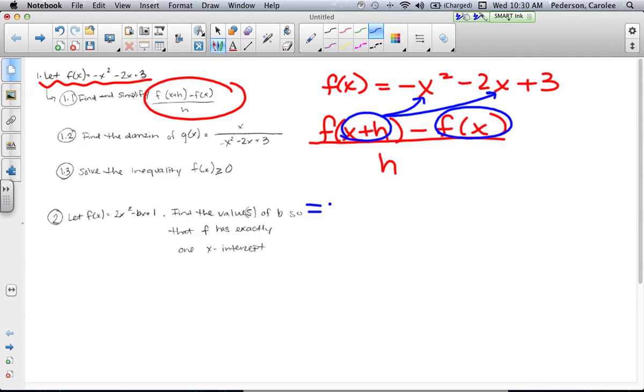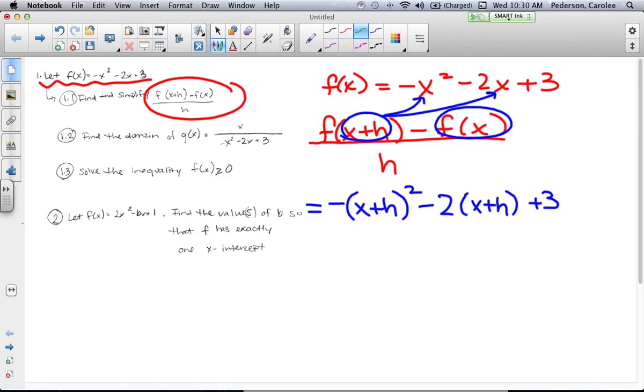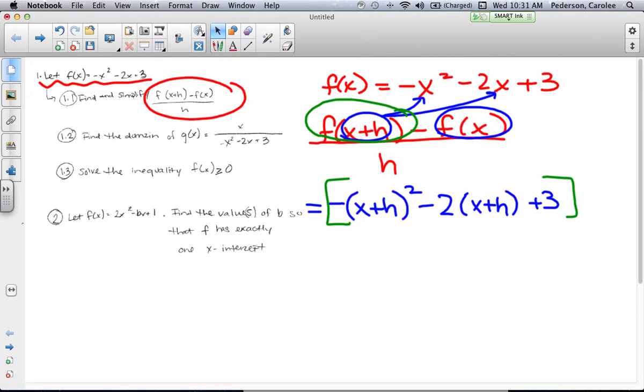So negative, and I'm going to replace that x with x plus h, and then squared. Minus 2, and then replace the x with x plus h, and then plus 3. So there's the first piece of this. Now I'm just going to change colors.